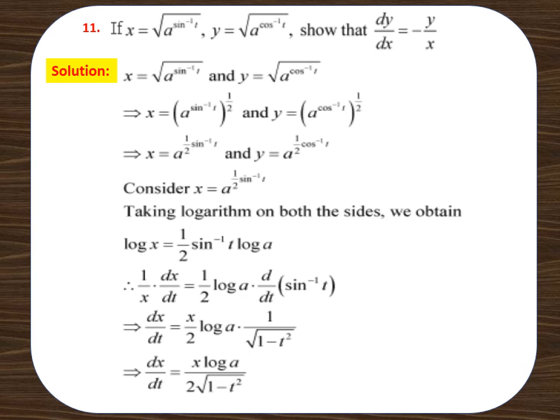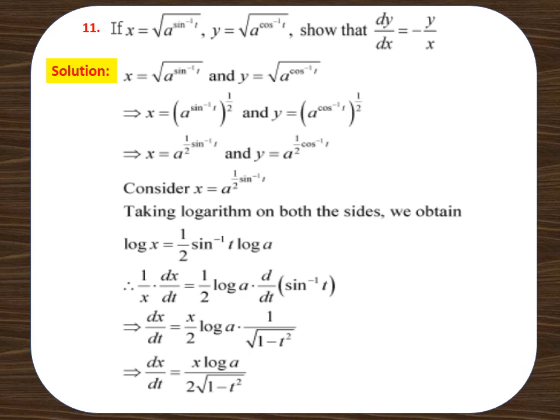Now taking the first one, x equals a power half sin inverse t, and we have learned about logarithmic differentiation in our previous videos. So taking log of both sides, we are getting, power comes before log, so log x equals half sin inverse t into log a. Now we are going to apply the chain rule in the differentiation.